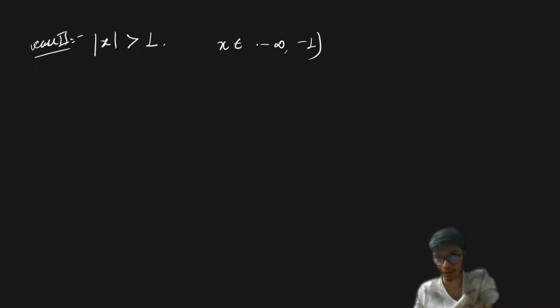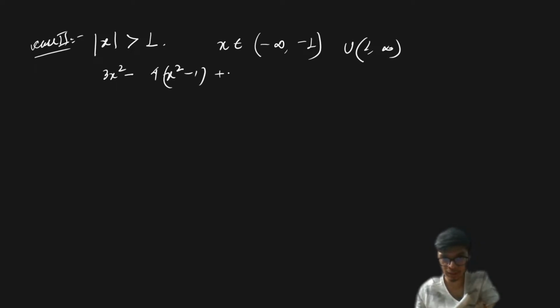For the next case, we take the values of x when the magnitude of x is greater than 1. So x lies between minus infinity and minus 1, union 1 to infinity. In this case, I can simplify the equation as 3x square minus 4 times (x square minus 1) plus x minus 1 equals 0.